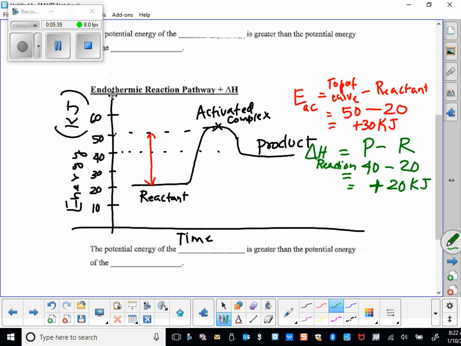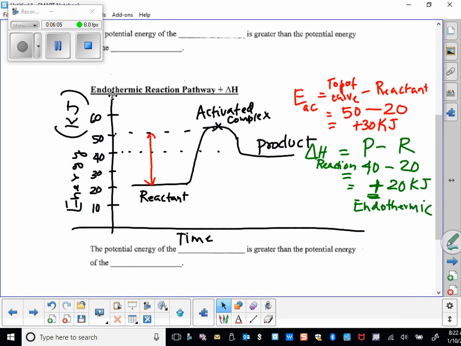Is that right? If you compare it with the graph that you drew last class, that was negative. This is positive. Does that make sense? The reactants will absorb energy before they can become a product. Okay? So this positive value indicates the endothermic reaction.